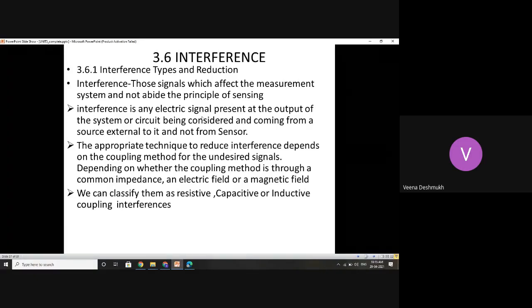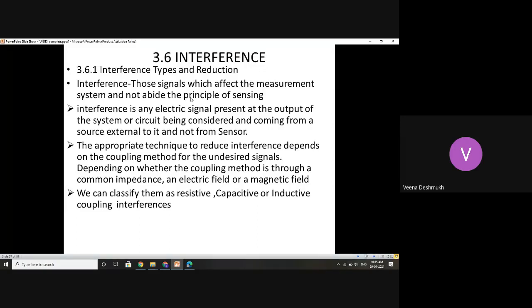So the principle of sensing is basically to sense the parameter under test. But if these signals are generated not by the parameter but by external factors, those are also sensed as the parameter under test.